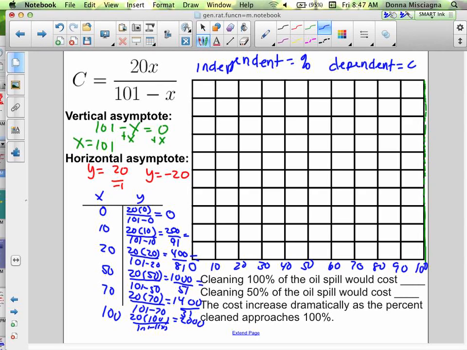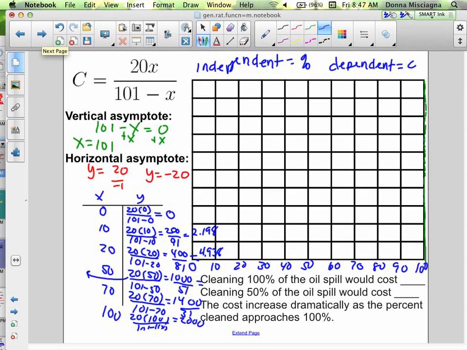All right, so someone tell me my other numbers. 200 divided by 91? 2.198. And then 400 divided by 81? 4.938. Maybe I'll write them over here.